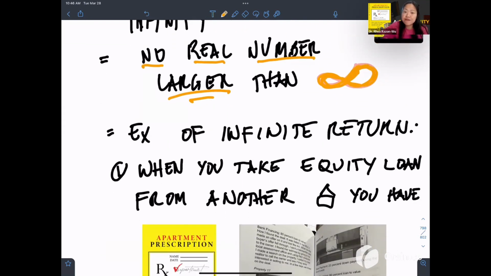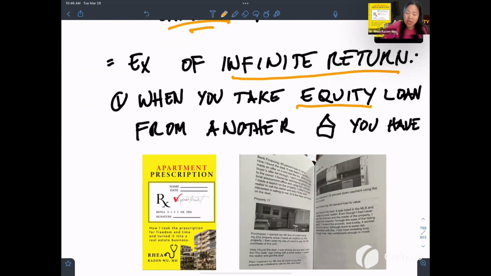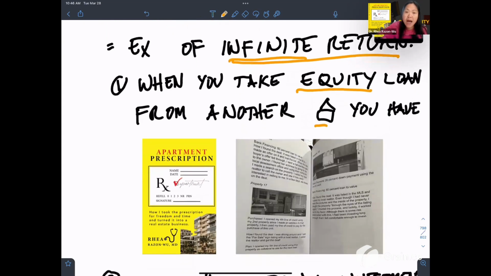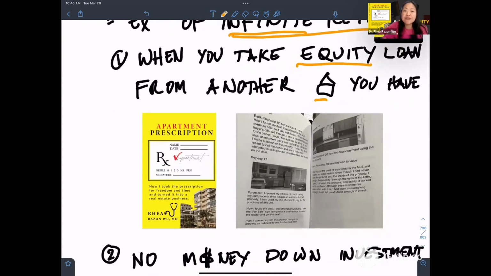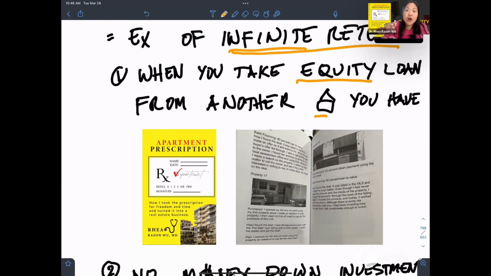Another example of infinite return: when you take an equity loan from another property you have, that is one example of infinite return. And why do I have this book? Because I've done a lot of this infinite return. In my book, Apartment Prescription, I talk about the 50 apartment units. If you do not have it, then go get one.